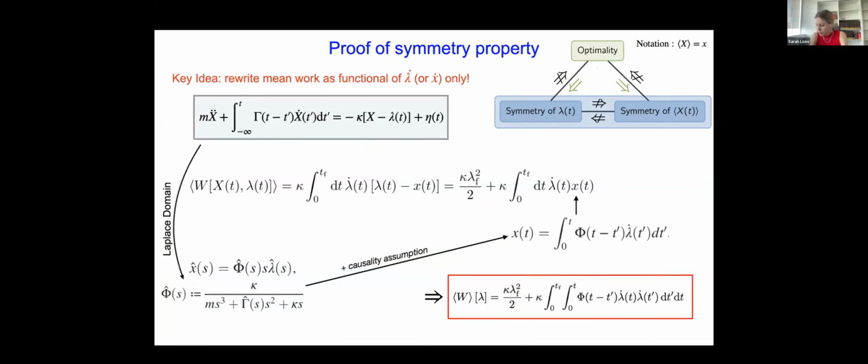Yeah, thanks. That's a great question. I'm also thinking about generalizations these days quite a bit. In general, whenever you can write your work or another functional, it doesn't have to be the work, in this quadratic way, you would expect the symmetry. If the heat happens to have this property, for example, then you're also good. I'm not sure for the problem that you just mentioned.